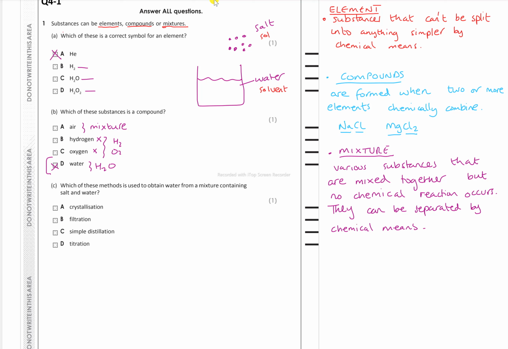This is the solute, the thing that you're going to dissolve. When you've mixed this solute in the solvent, this bit here is the solution.